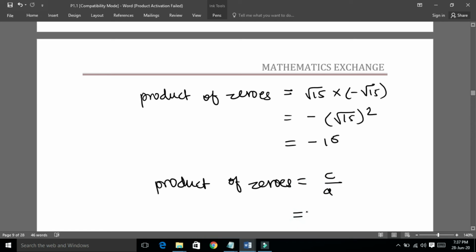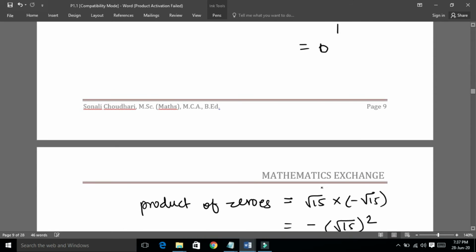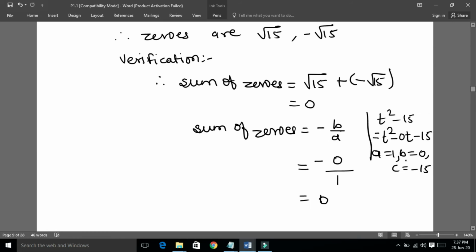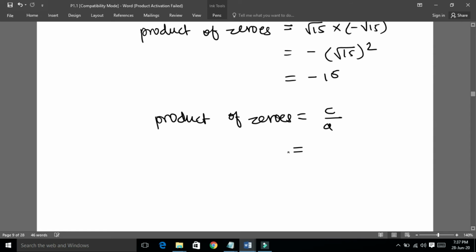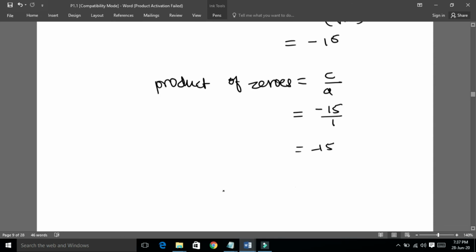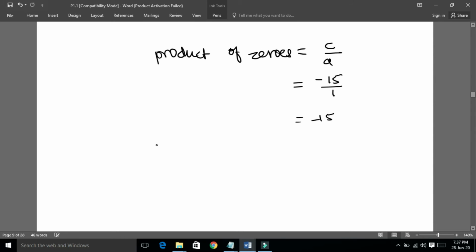So from the values we have calculated, c has the value minus 15 and a has 1. So substituting here, minus 15 upon 1 is equal to minus 15. Since in both the cases we get the same value, hence verified.